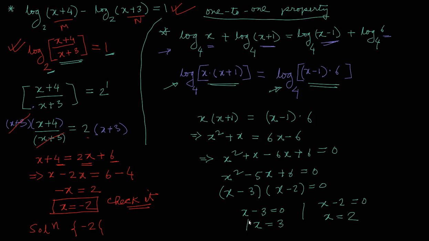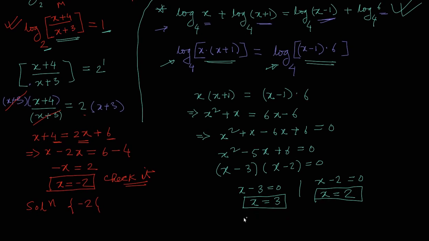Okay, now again we have to check both x equal to 2 and x equal to 3 in this original equation just to see if this works. So we need to check it, and also check it.